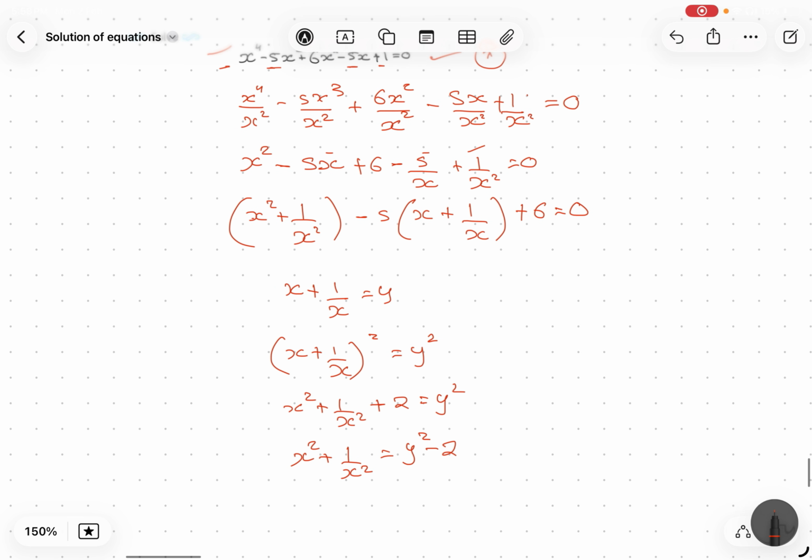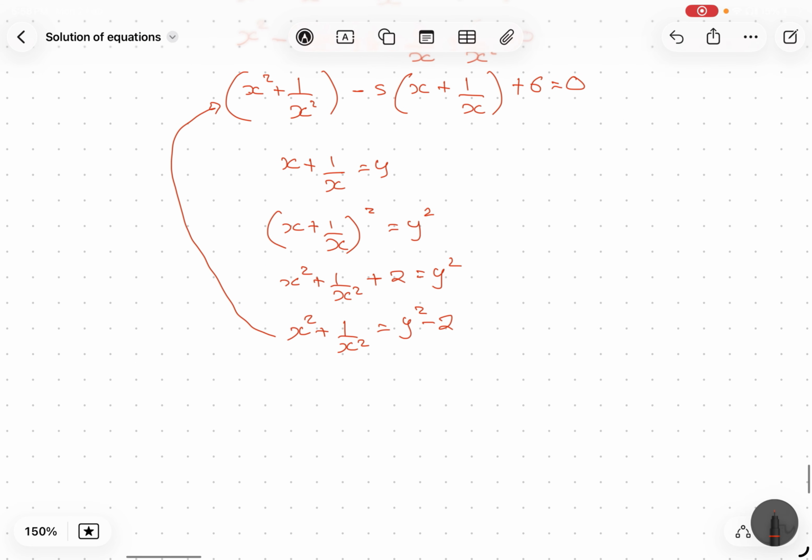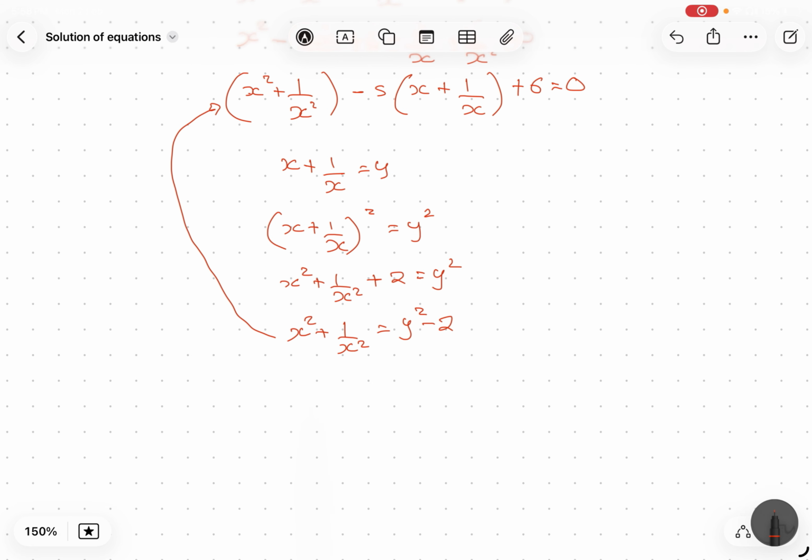Now let me substitute this over here. So we get y square minus 2 minus 5y plus 6 equals to 0. I can move further to solve it. y square minus 5y plus 4 equals to 0.